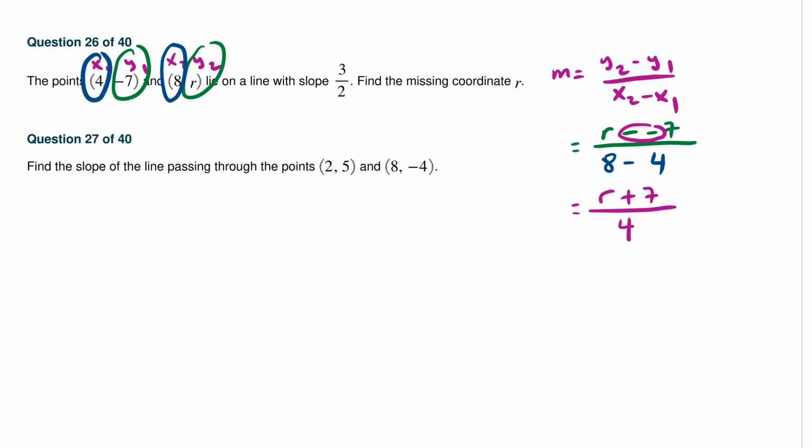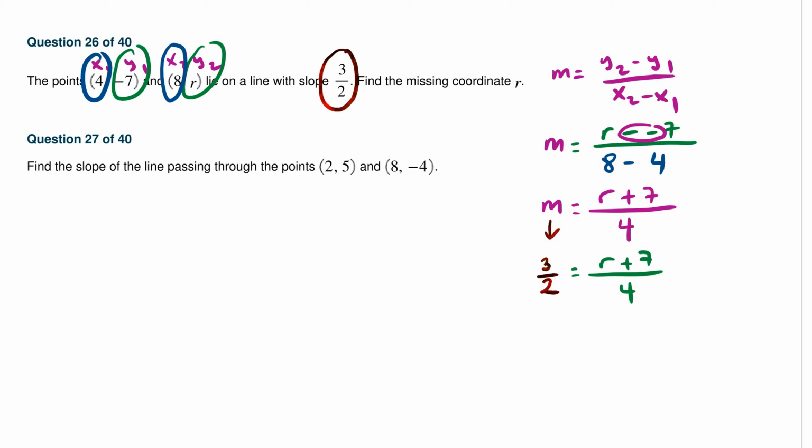All of this we bring on the right side, and m goes on the left side. We try to solve for r, and they give you the slope is 3/2. So we replace m by 3/2, equal to r plus 7 divided by 4.